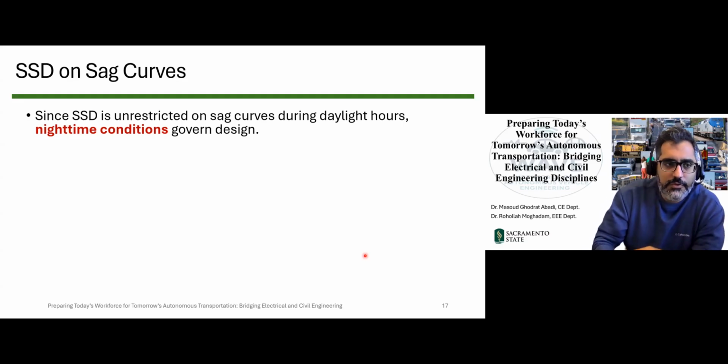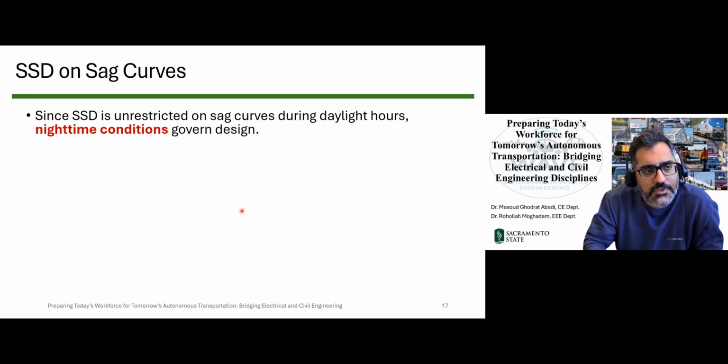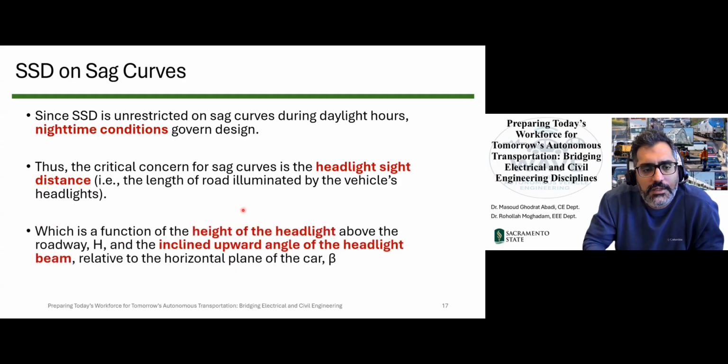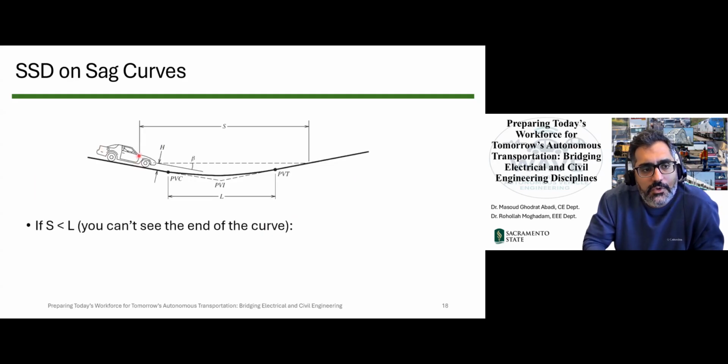Now, let's get back to the stopping sight distance on sag curves. So we have to know that distance that would be illuminated, and that distance depends on the height of the headlight and also the angle of the headlight on the cars. So if a car is going down on this sag curve, again, I'm trying to figure out what would be the appropriate length to provide an appropriate stopping sight distance.